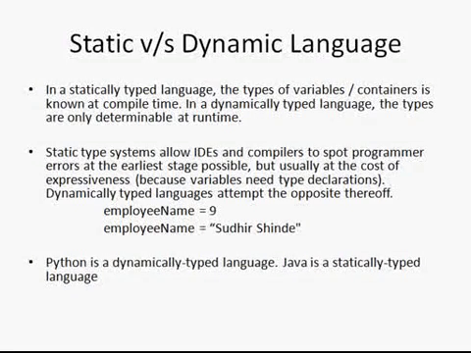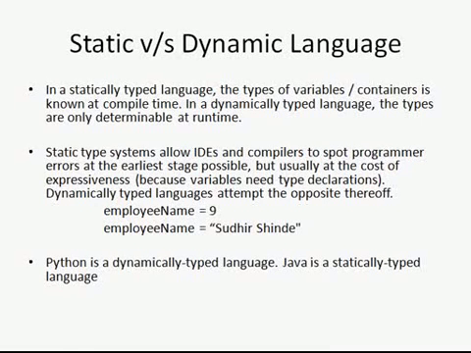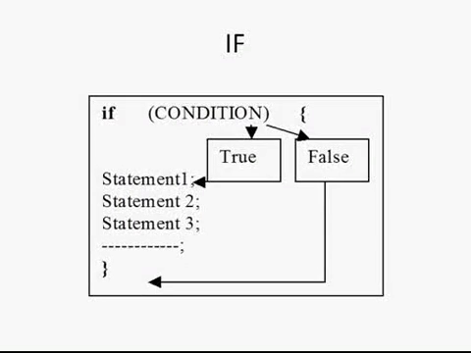Next time you say employee name is equal to Sudhir Shinde, which is a string. So this type of thing is allowed in the dynamically typed languages, and Python is such a type of language, and Java is statically typed language. So sometimes it is required to have dynamic type of variables.